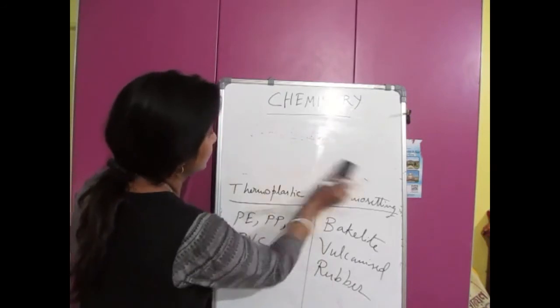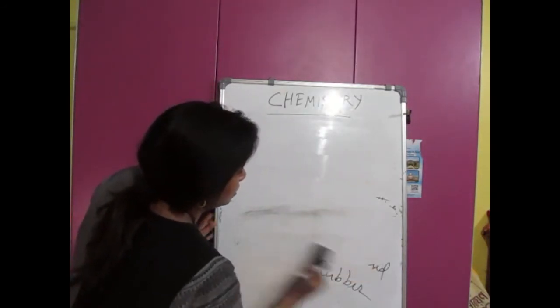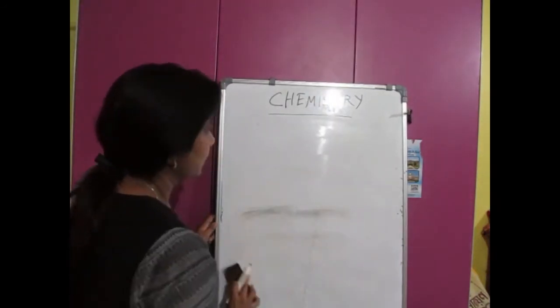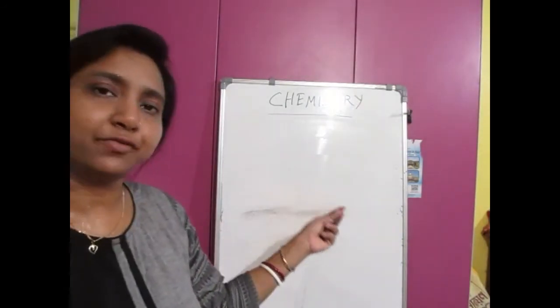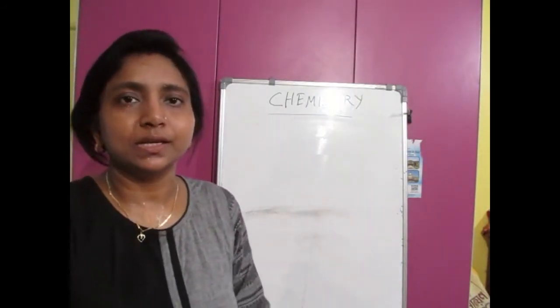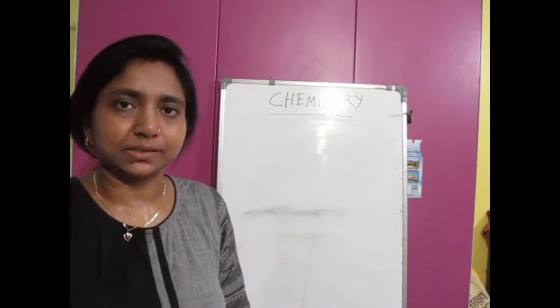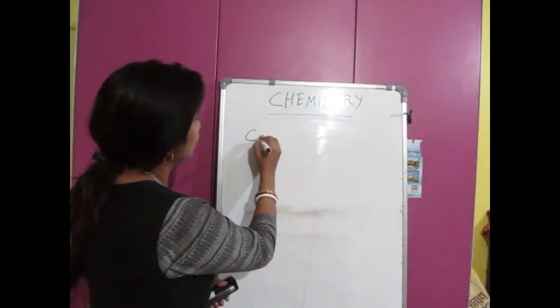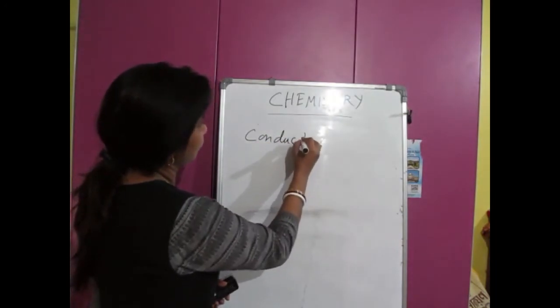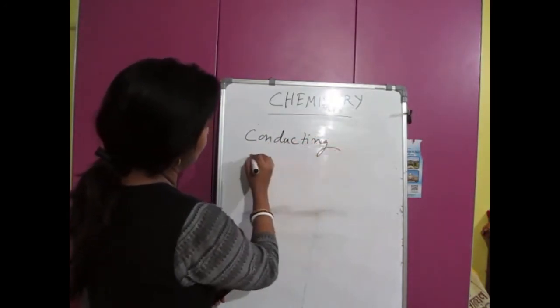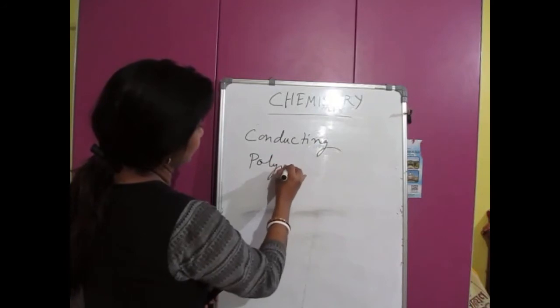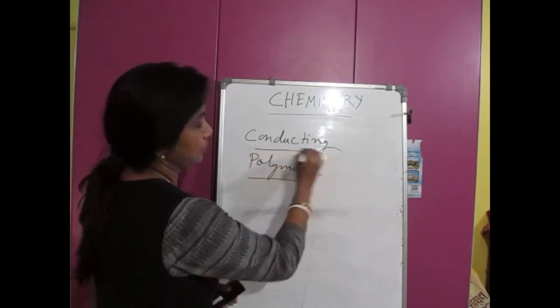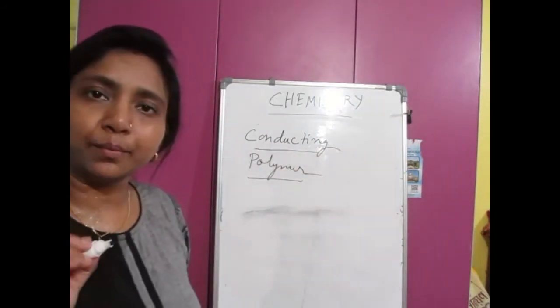Now, you have learned the classification of polymers on different bases. Now I will tell about different types of polymer. One is conducting polymer.